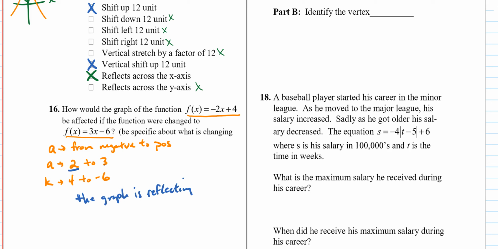Then the slope changed from 2 to 3, so it's stretched. Vertical stretch. And finally, the K value went from 4 to negative 6. Well, K moves me up and down. So we're going to shift down, because we went from positive 4 to negative 6. Shift down 10 units.